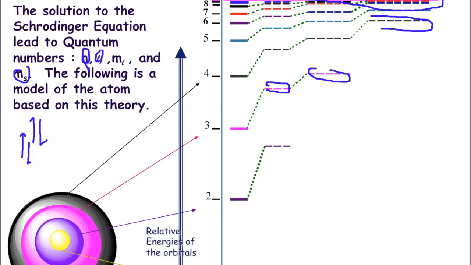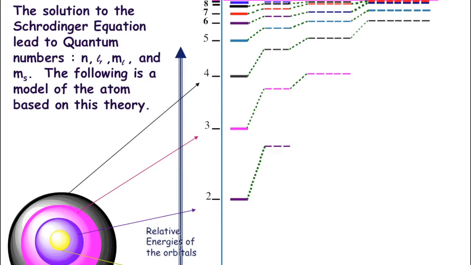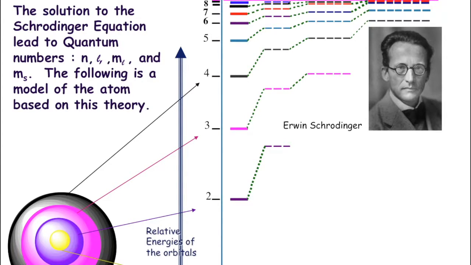Yes, it's a lot, it's very complicated, and if you take general chemistry, you're going to learn this in and out. But here I'm just giving you a glimpse of what quantum mechanics is and how we explain the electrons of an atom using some of the quantum mechanics results. And guess what? This is Schrodinger, and he's the guy that proposed that electrons are best described as a wave.